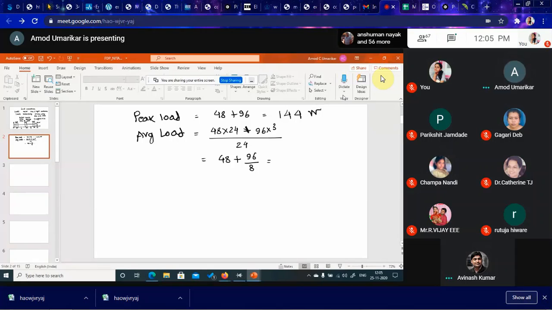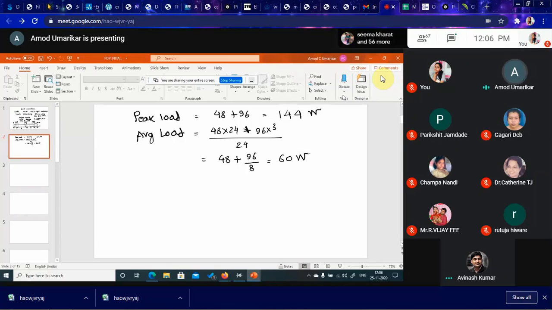The average load is 60. So 48 is always there, plus in addition 12 watt average over 24 hours. Our peak load we have seen at a given time is 144 watt. So these are the two types of loads we can find out.